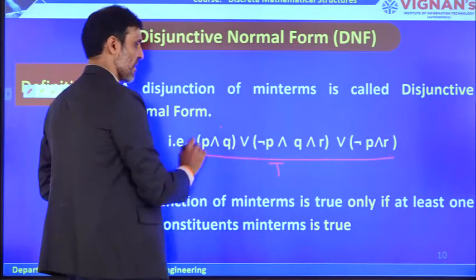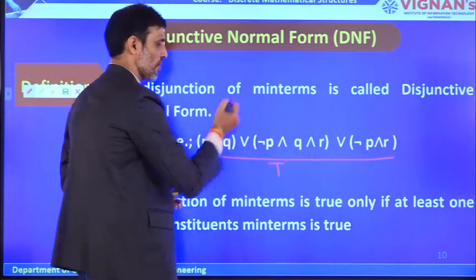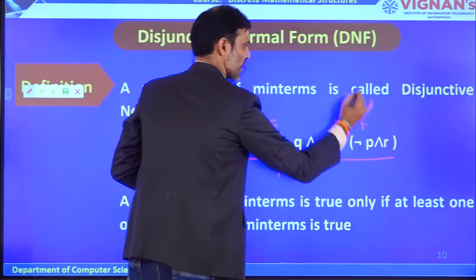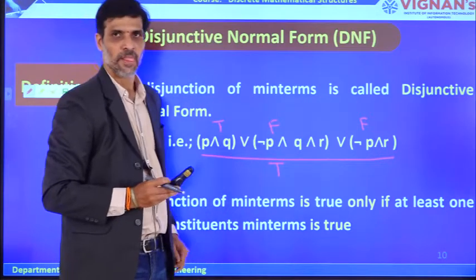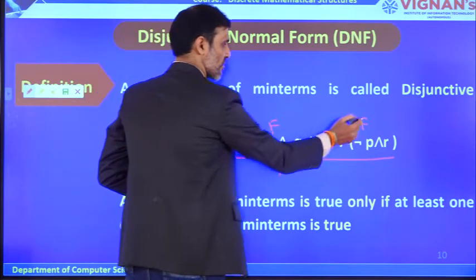It is enough that at least one of the minterms is true. Suppose this is true and this is false and that is false. Still it will be true, because true or false is true, and finally the result is true.